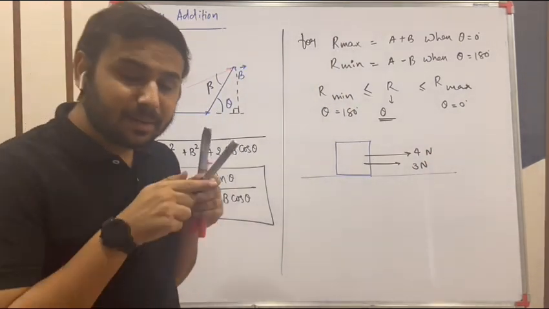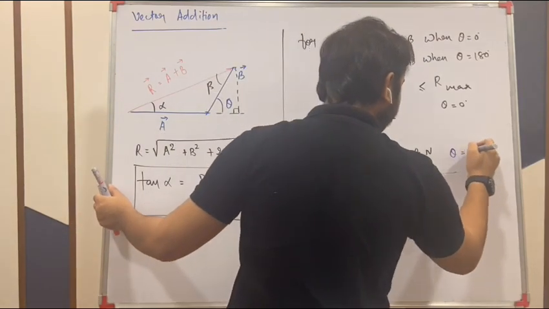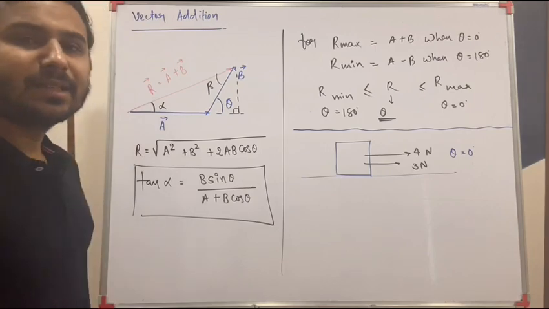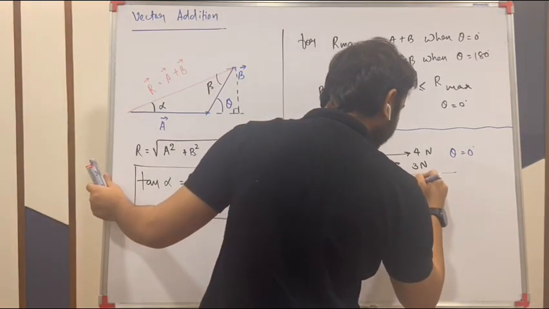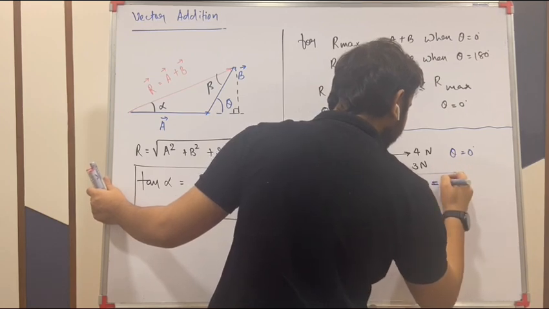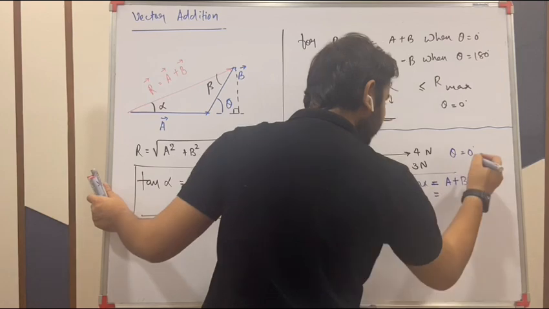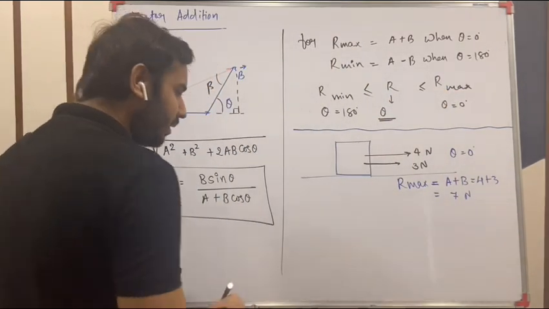Here the two forces are parallel to each other, so theta is 0. As theta is 0, the maximum possible value is R max, which is A plus B, 4 plus 3, that is 7 Newton.